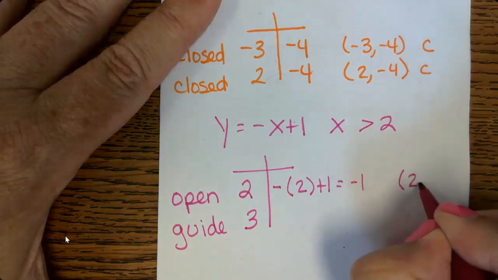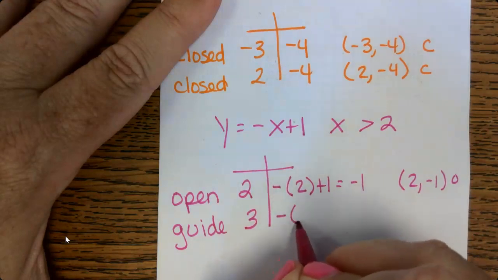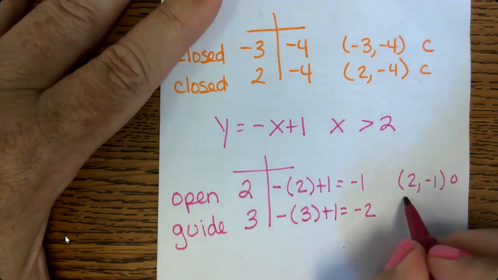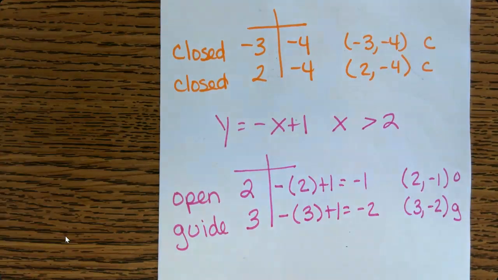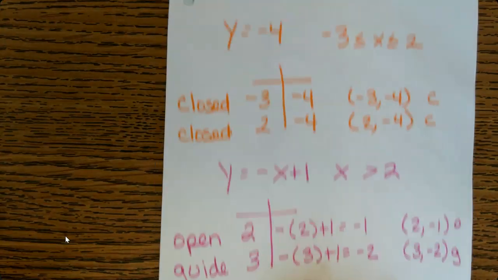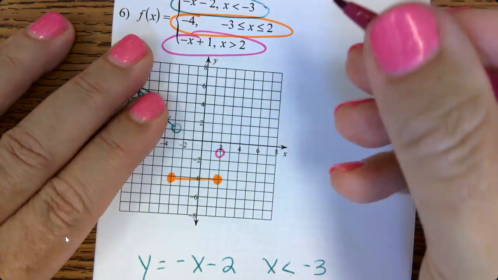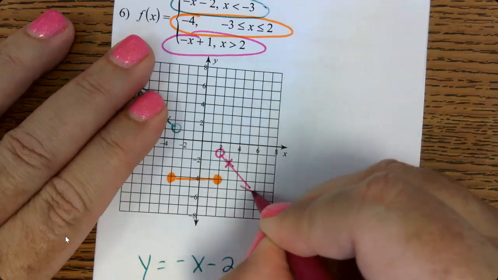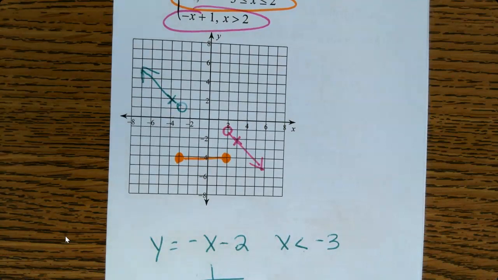So it gives me 2 and negative 1 open. And then negative 3 plus 1, which is negative 2. And so we get 3, negative 2, and this is a guide. So here we go. 2 and negative 1 open. 3 and negative 2.